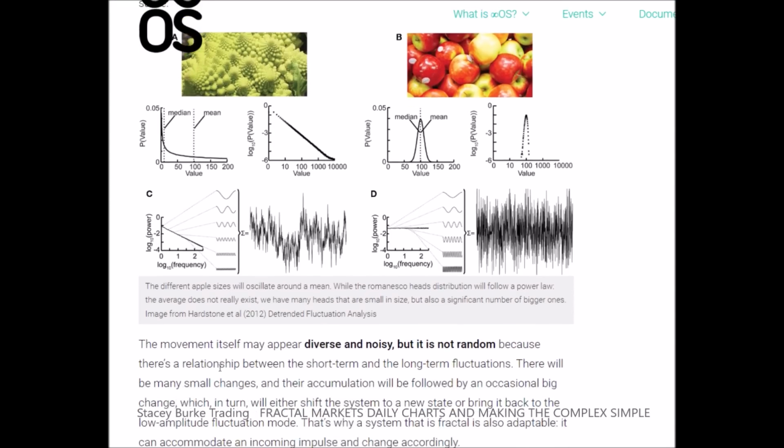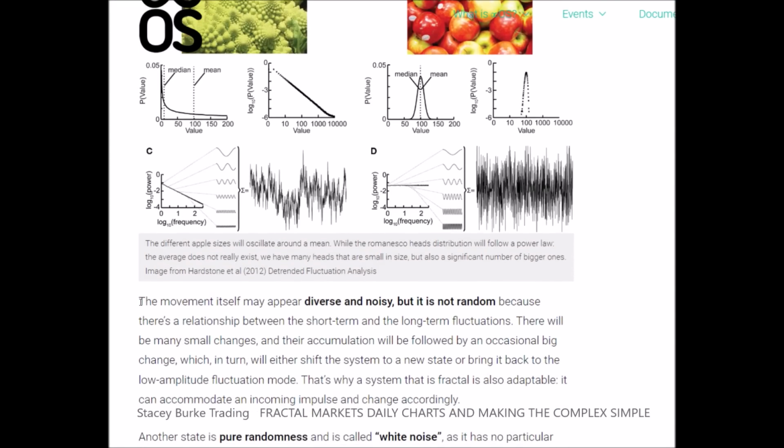But what's most important when you understand the fractal nature of markets is that the movement itself may appear diverse and noisy, but it is not random, because there's a relationship between the short-term and the long-term fluctuations. There will be many small changes, and their accumulation will be followed by an occasional big change, which in turn will either shift the system to a new state or bring it back to the low amplitude fluctuation mode.